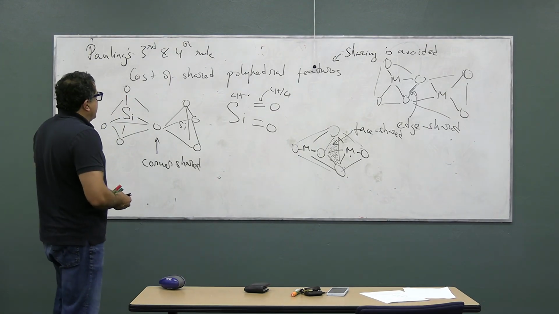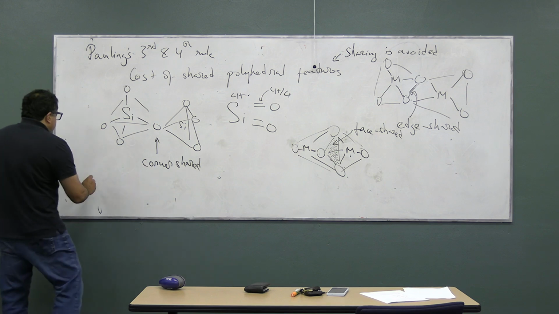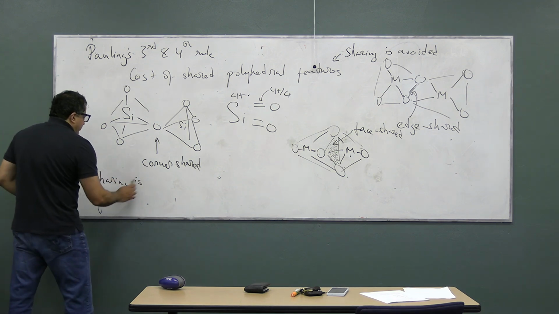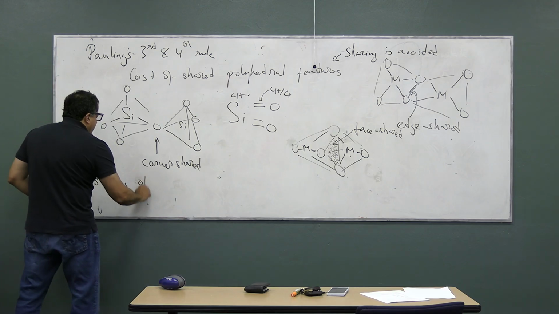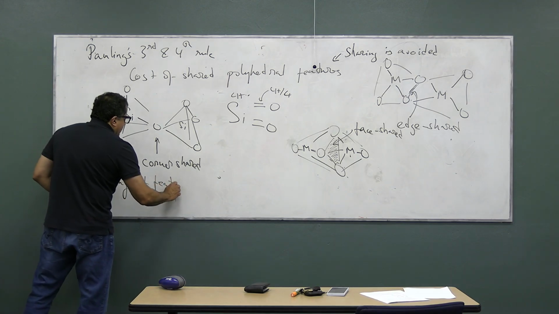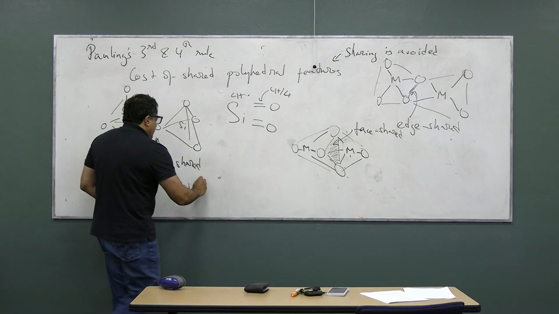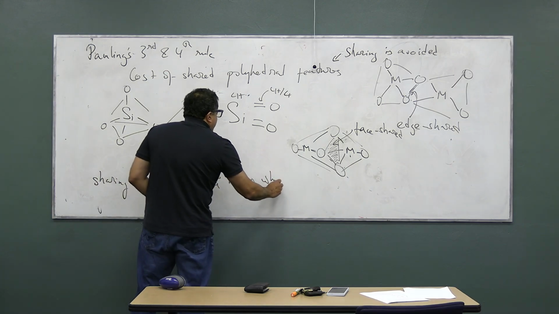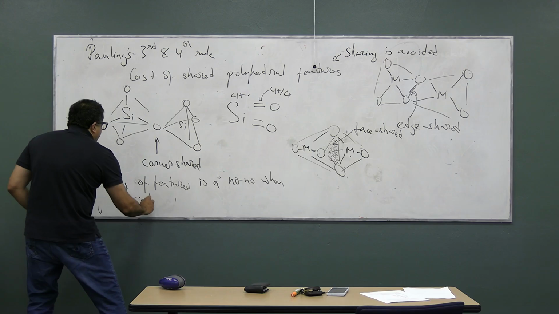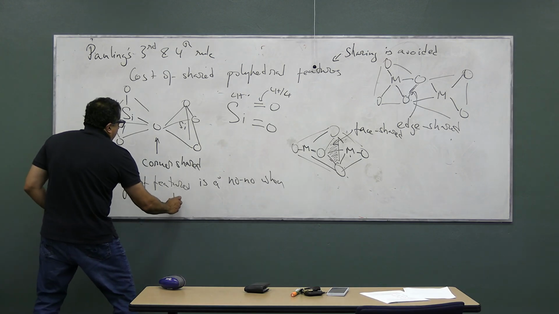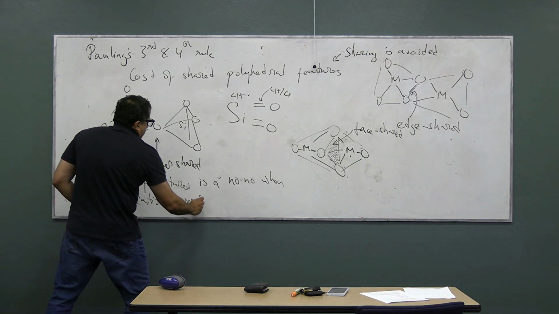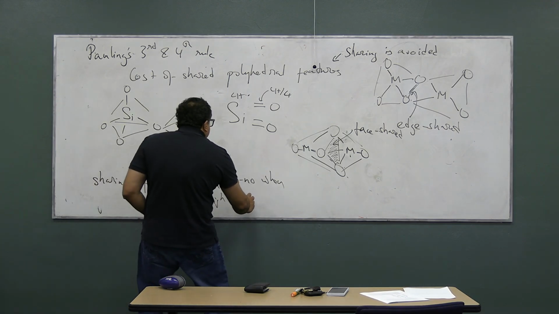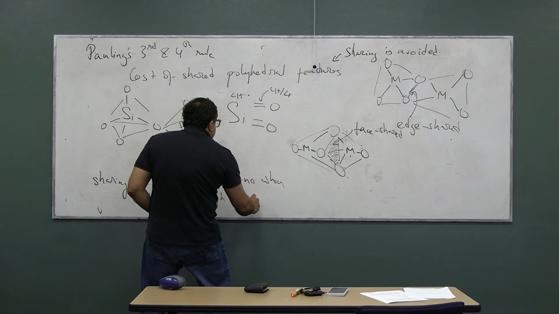That's why I like to call it the third rule. So sharing of features is a no-no when cation charge is high and coordination number is low.